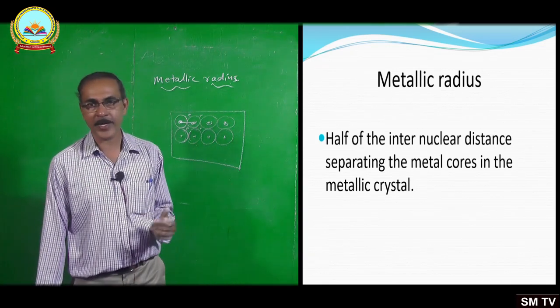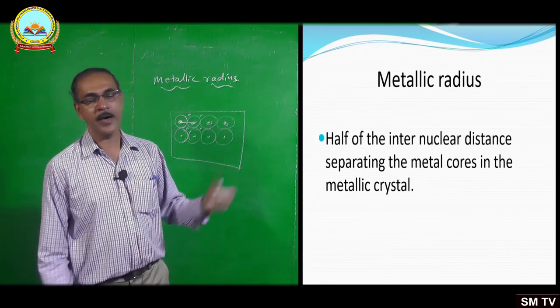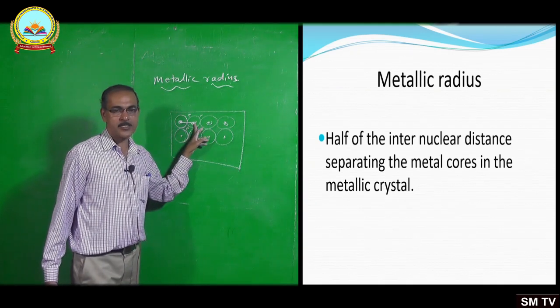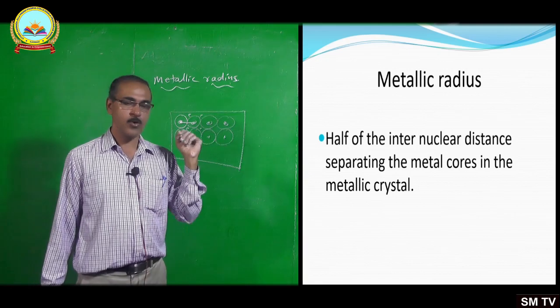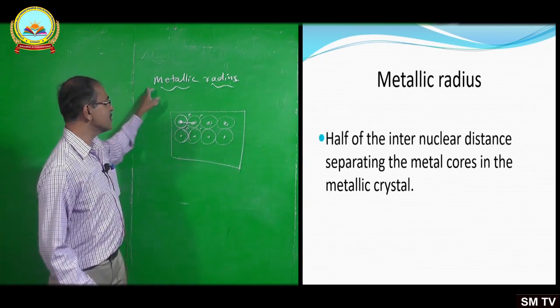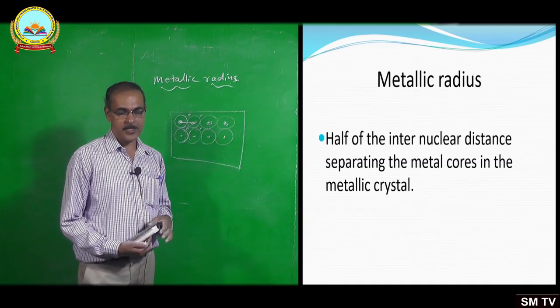In metals, we can talk about metallic radius, that is half of the internuclear distance separating the metal cores in the metallic crystal.